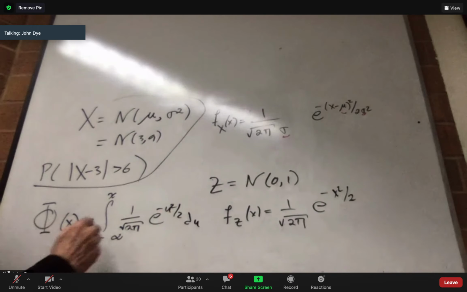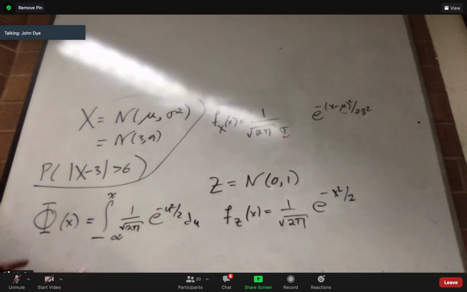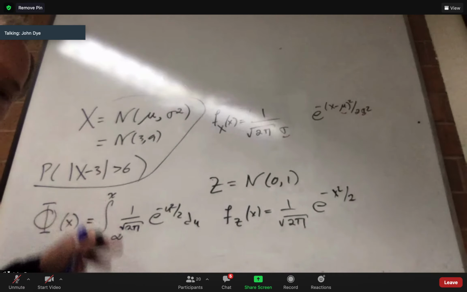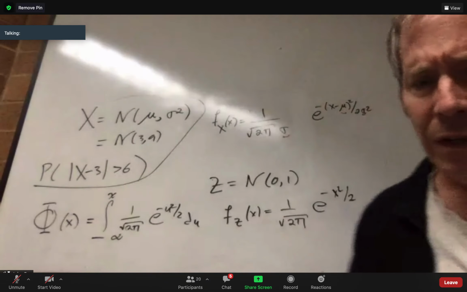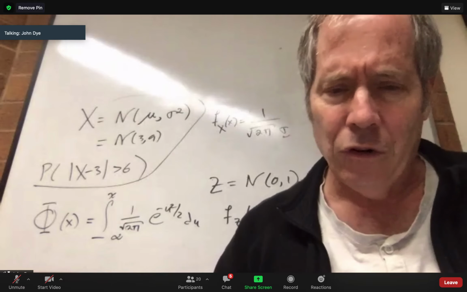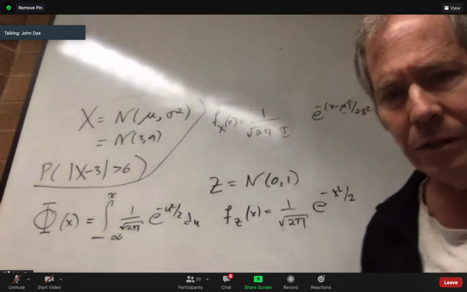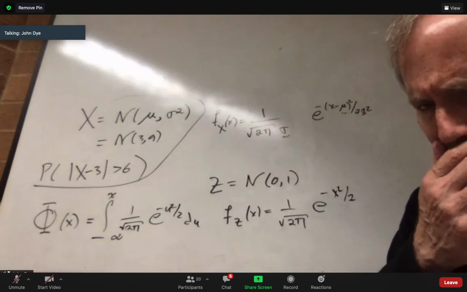So your table is built of these, all the area underneath the density function up to x. Does this help with where these normals are coming from? These are various normal distributions.